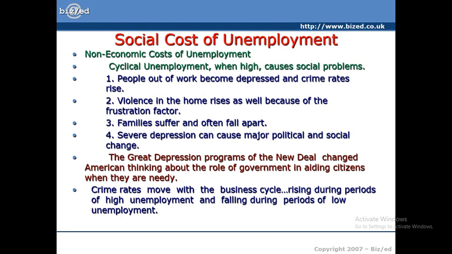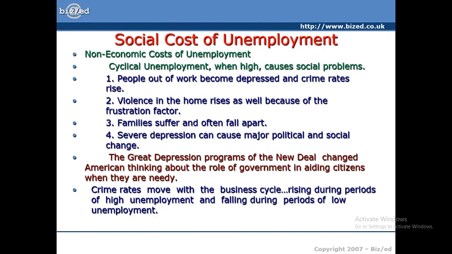So crime rates are related to the business cycle.